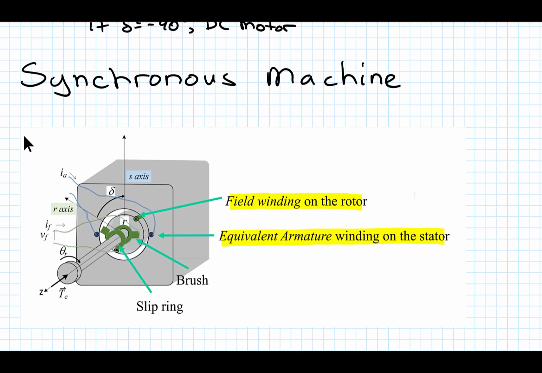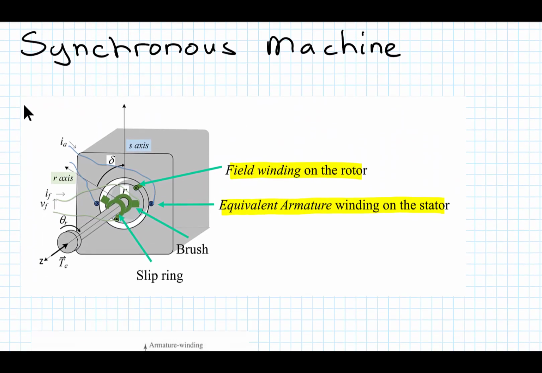But in the case of the synchronous machine, the field current is DC, but in the armature, the current is AC.